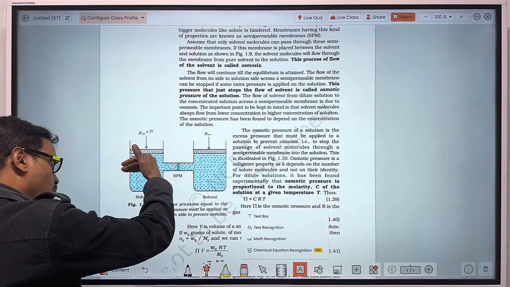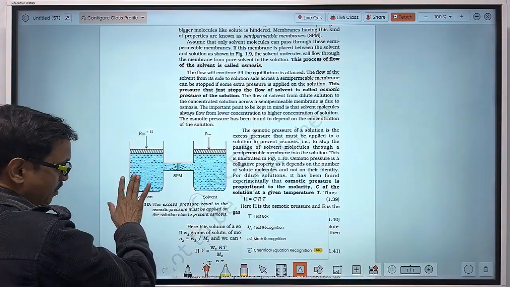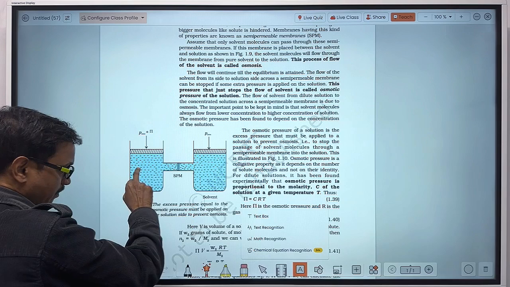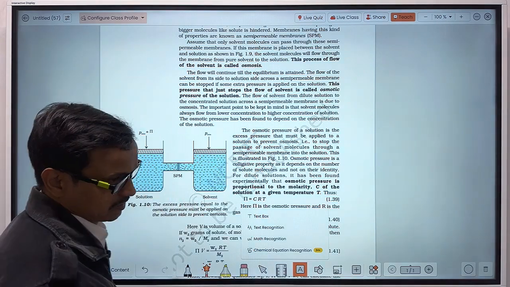If this excess pressure becomes more, then there will be movement of the solvent particles from the solution to the solvent.